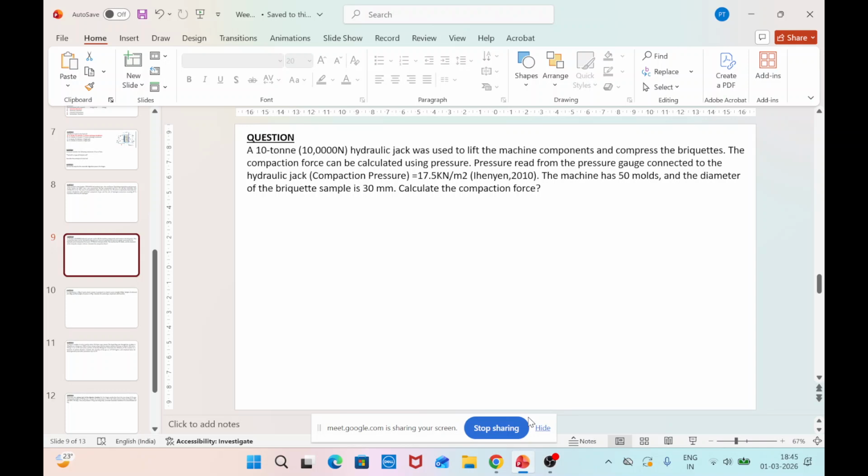So how do you relate force and pressure? What is the formula relating force and pressure?